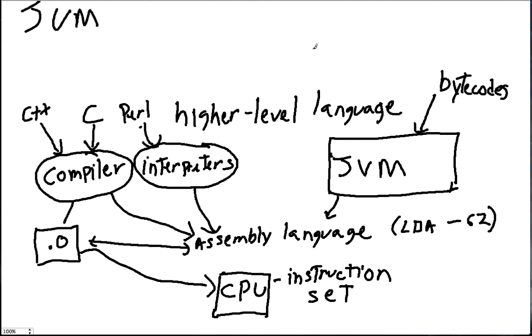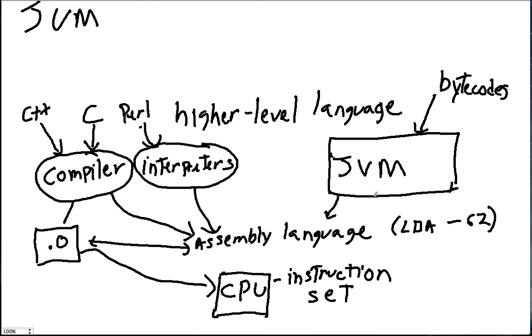And those bytecodes are very similar, but not identical to the instruction set. The idea is that the Java virtual machine is like a CPU. A CPU implements an instruction set. The Java virtual machine implements these bytecodes, this programming language, which is very, very similar to the instruction set that, say, the Intel CPU implements, but not exactly. So there's a few little differences.